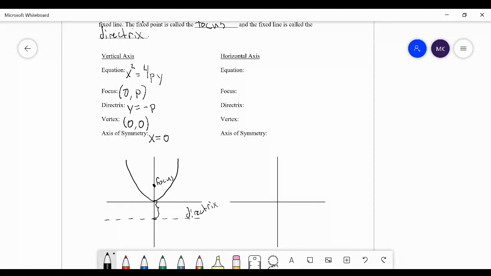This distance here is p, and this distance here is p. So based on this, we can figure a lot of things out with these functions.